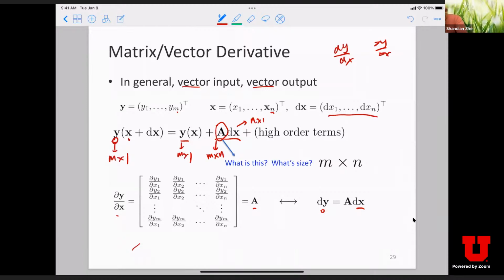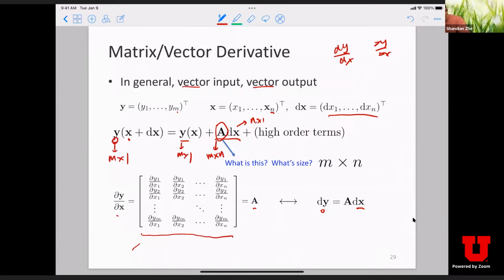So now, what does this A mean? Yes, exactly. This is the definition of the Jacobian.